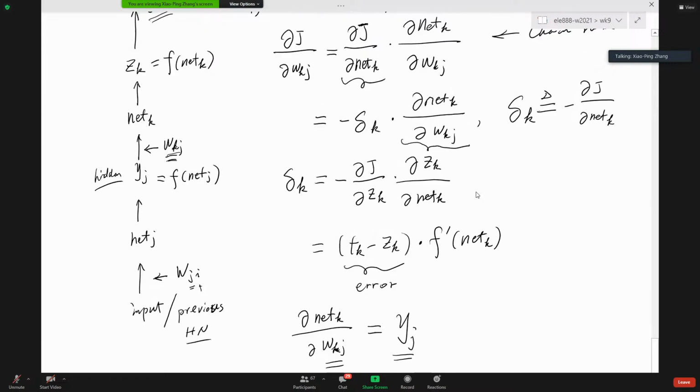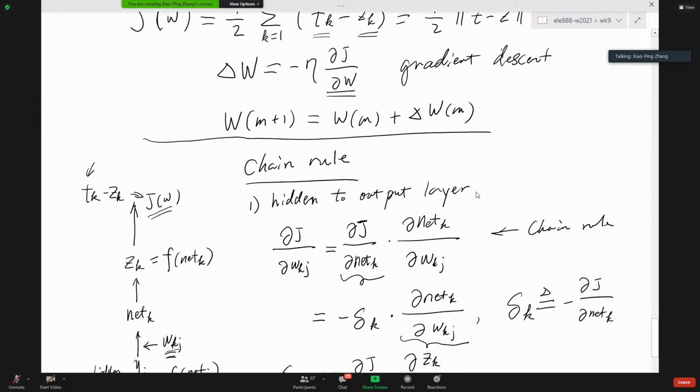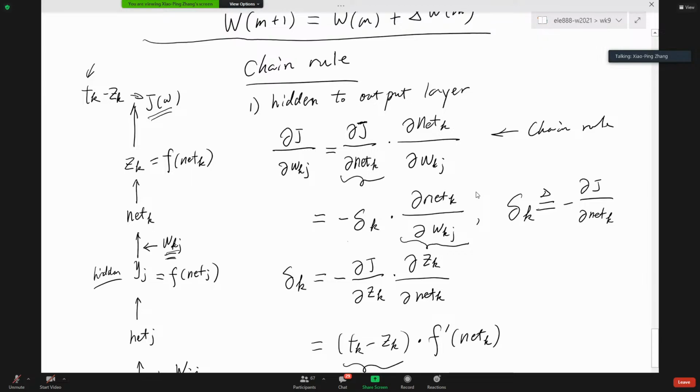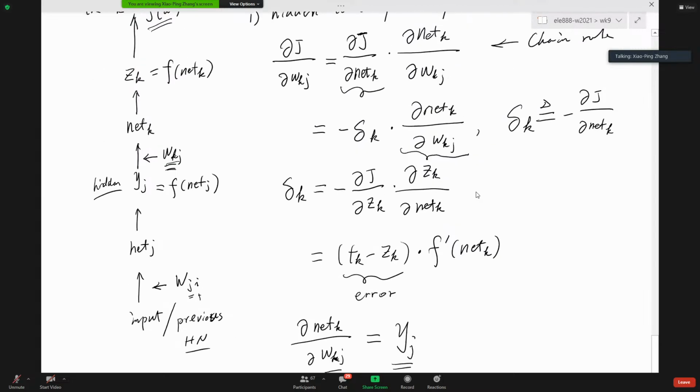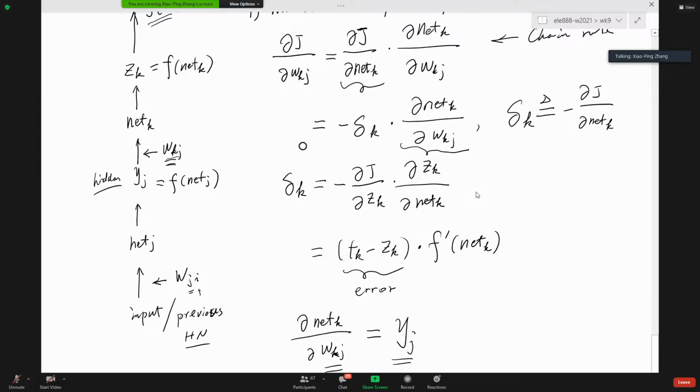Okay, now we can come back to this. This guy is minus this, minus delta k, right? So therefore, we get delta wkj. This is one coefficient. It's minus this, so it's actually delta k times this.